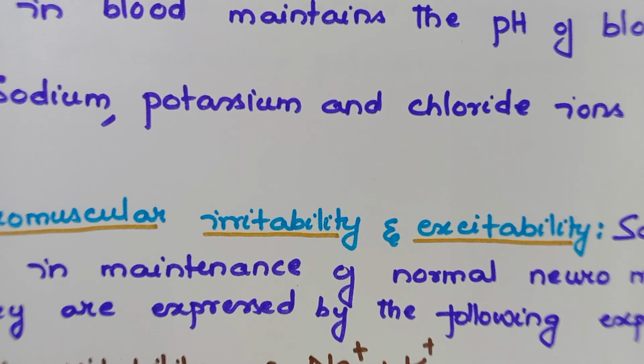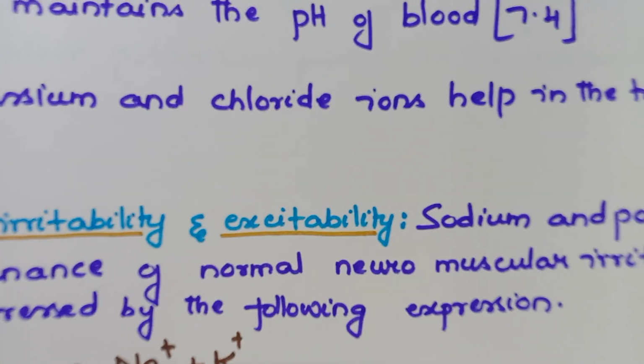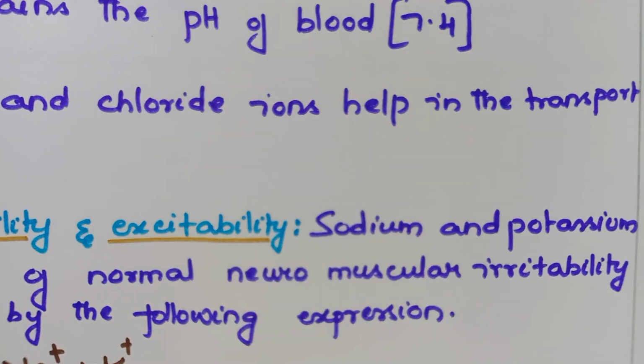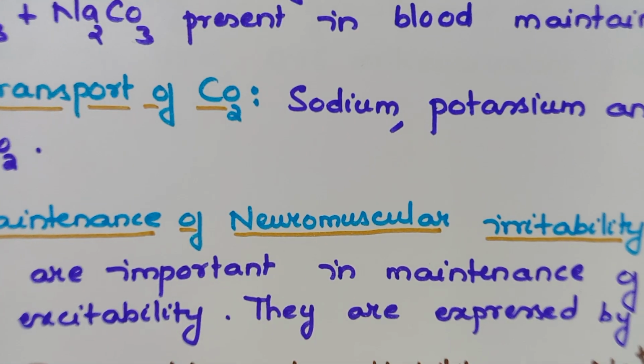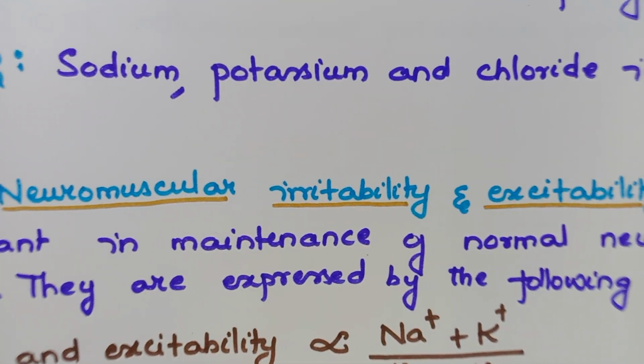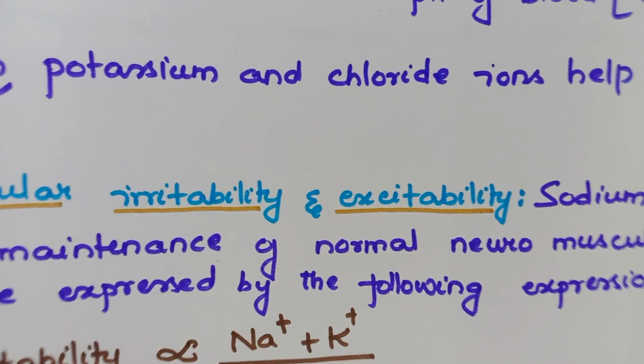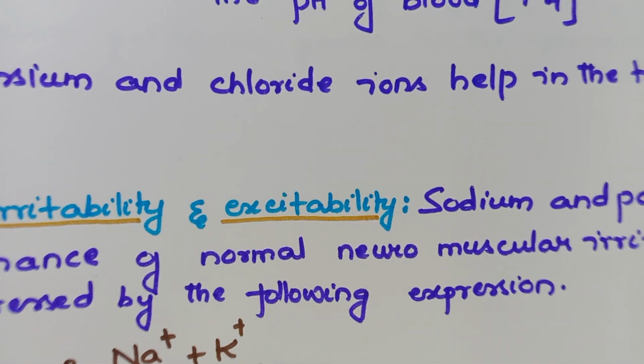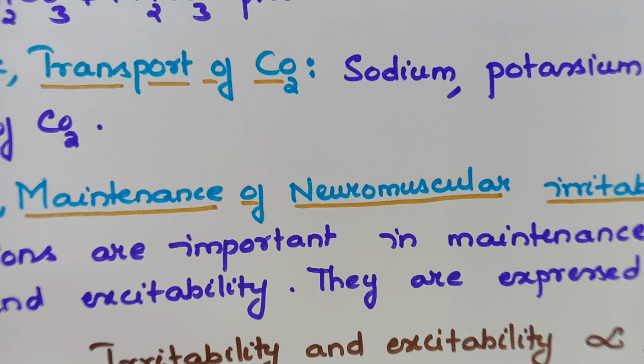So just write sodium and potassium ions are important in maintenance of normal neuromuscular irritability and excitability.